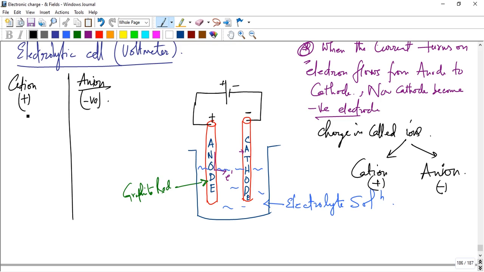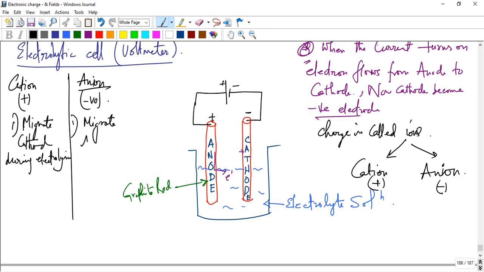First concept: cation migrates to the cathode during electrolysis, and anion migrates to the anode during electrolysis.